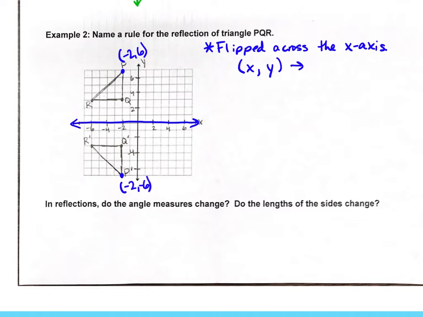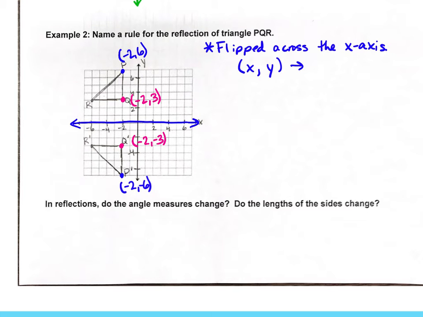So the x stayed the same and the y changed the sign. That appears to be my rule, but let me test it on another point. Q was the ordered pair negative 2, 3, and then Q prime is the ordered pair negative 2, negative 3. So once again, the x stays the same and the y value changes signs.